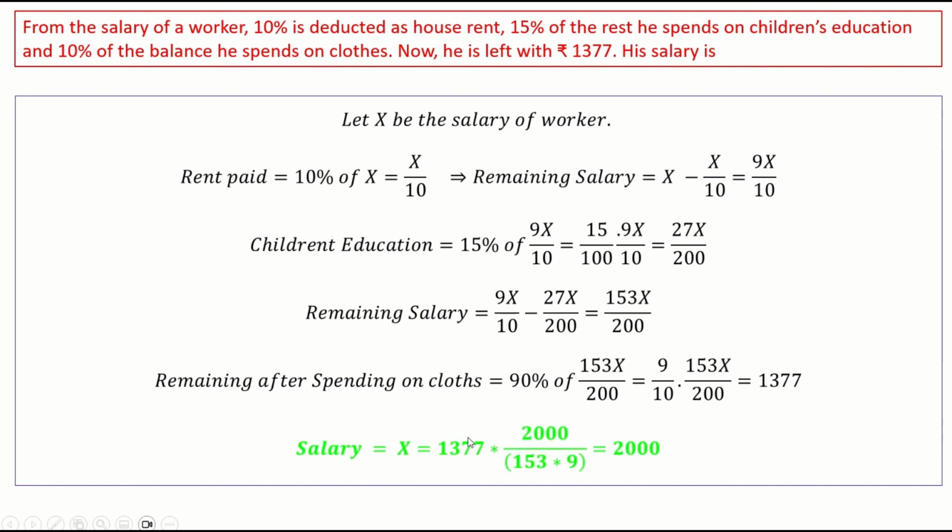We just simplify: x equal to 1377 into 2000 by 153 into 9. So if you simplify, you'll get 2000. So salary is 2000 rupees. Okay, easy. Just start by assuming X is the salary and then calculate step by step. That's it. Just don't make any calculation mistakes.